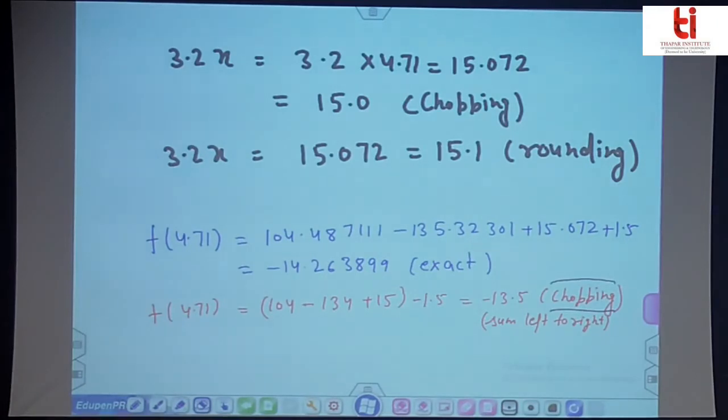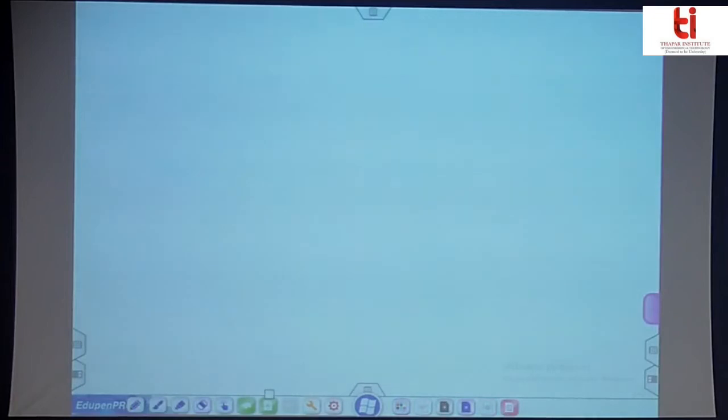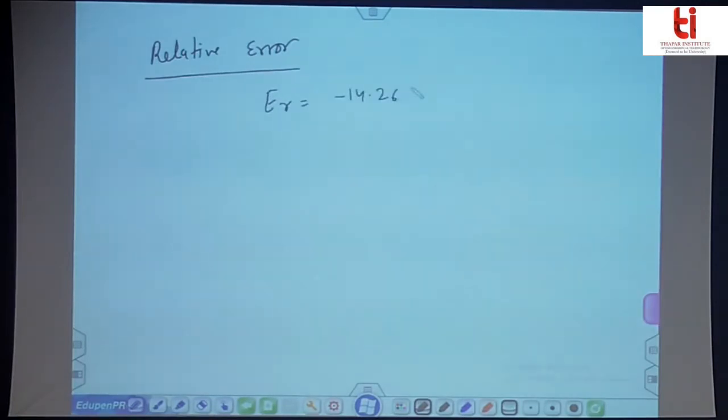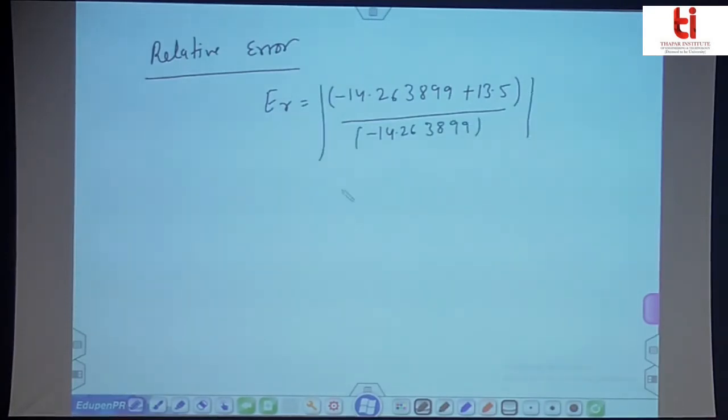Okay. So let us compute the relative error. Whenever we are using chopping, it is minus 14.263899 plus 13.5 upon minus 14.263899. The value comes out to be 0.05 with chopping.